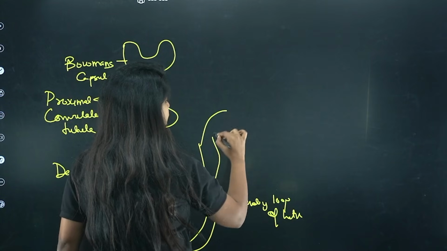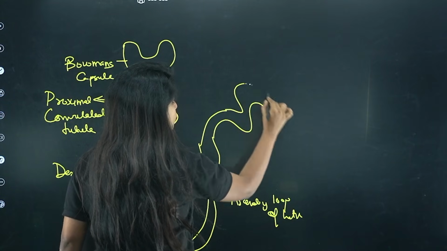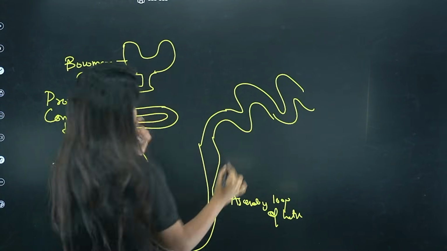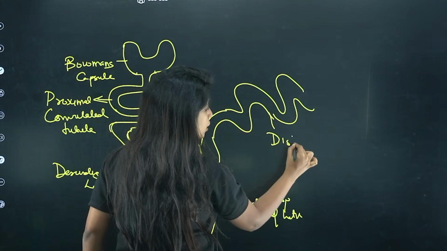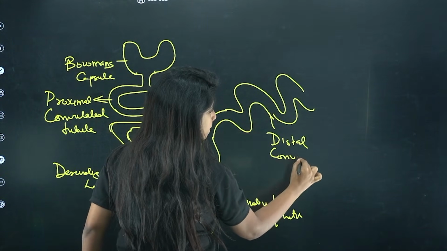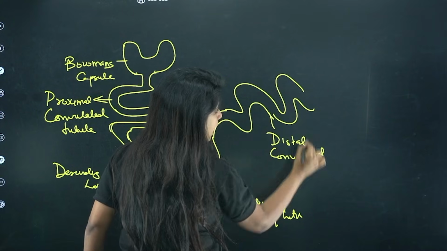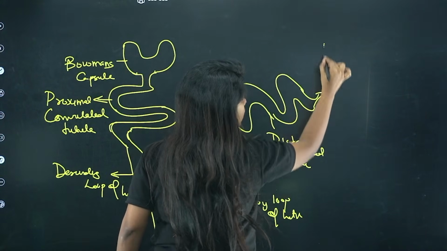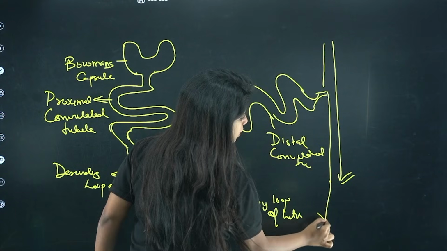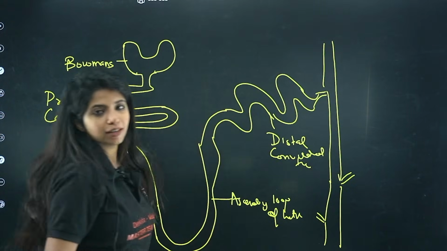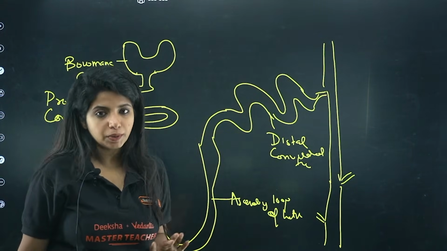Now over here again you have some convoluted tubules, but they are far from the Bowman's capsule, which is why you call them the distal convoluted tubule. They open into a duct like this, which you call the collecting duct. Multiple nephrons will be opening into this particular duct.